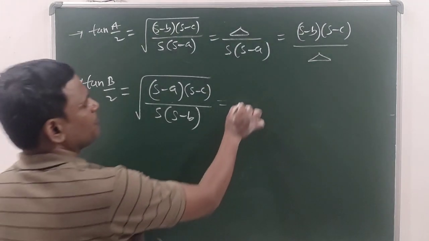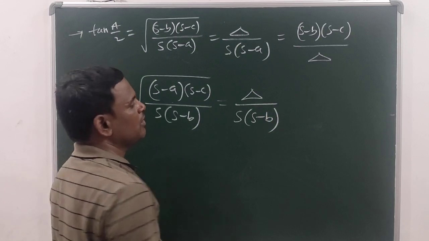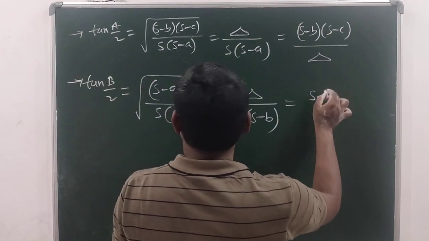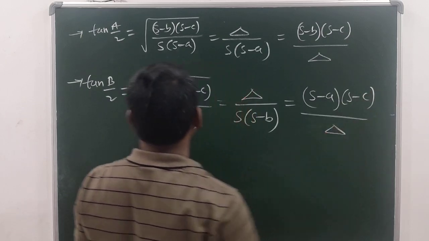Delta by S into S minus B. Now here, S minus A into S minus C by delta.